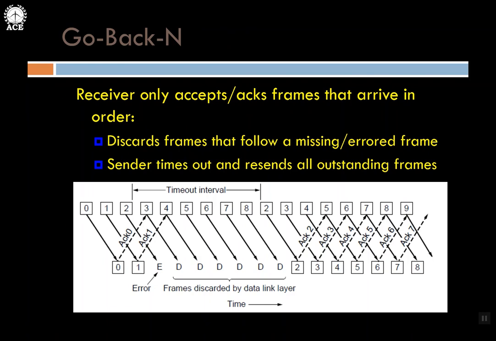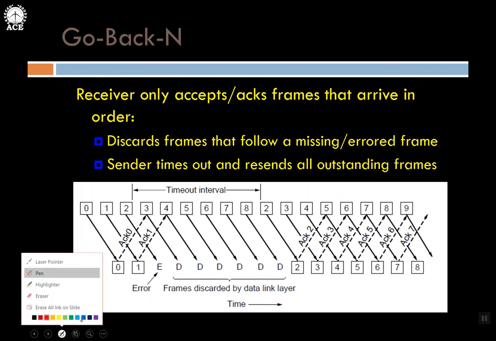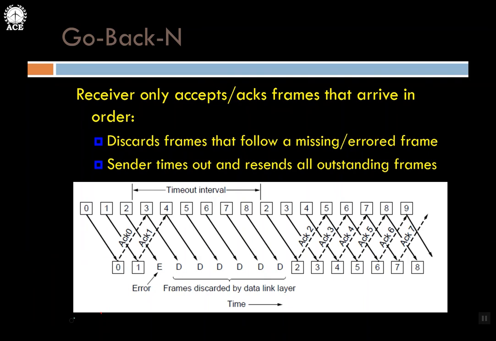The sender times out and resends all outstanding frames. Look at this, the sender and the receiver. Whatever the size of the sender window, let us not worry about it. Please follow me.